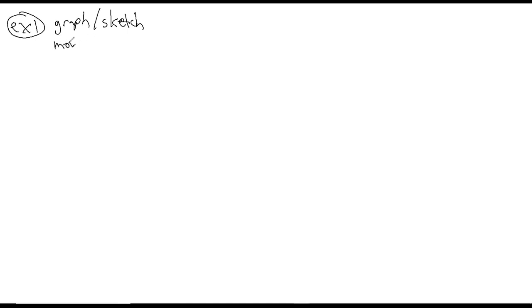So you move the origin point based on the transformation. Then sketch the basic shape after that.